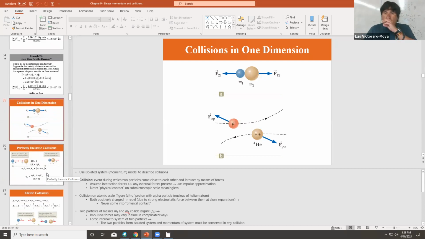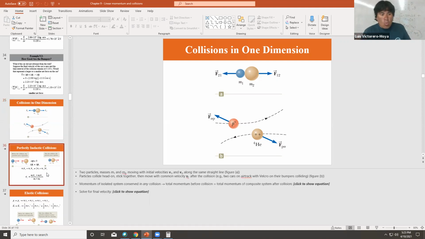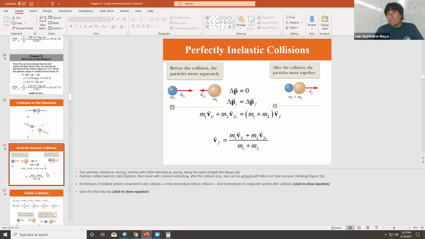We are also going to remember that for an isolated system, the change of momentum is zero. So if you have two masses coming toward each other with different velocities, the momentum before and the momentum after the collision will be the same. And that's what you have there in the equation.